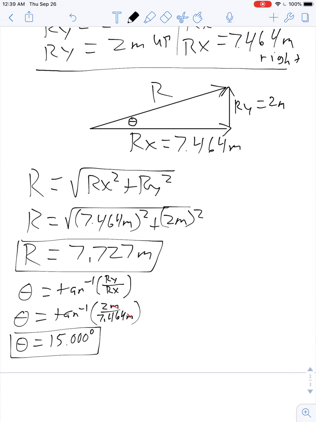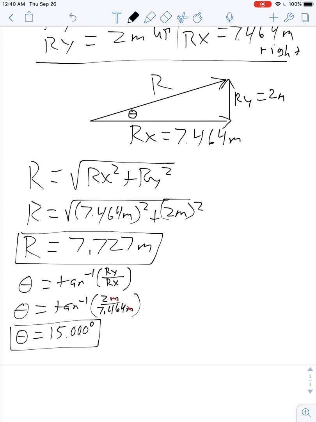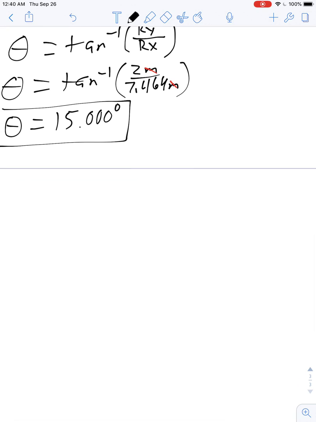Before I go here, just a quick word on the reference of angles that WebAssign uses. In math class, if you've seen vectors before, vectors are typically drawn on the origin of the xy axis. So our r vector here would point something like this, where our angle is 15 degrees.